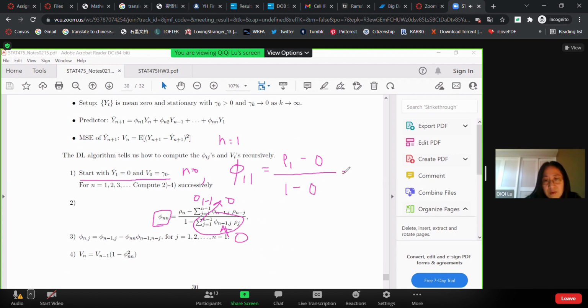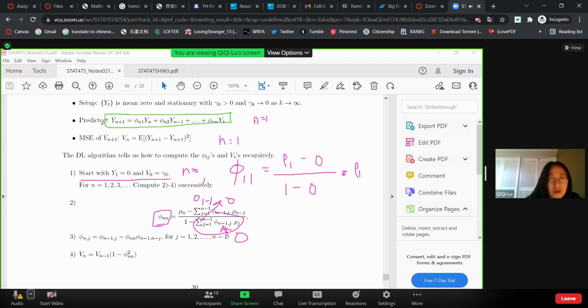So phi11 equals rho 1, I think that's by the definition of the partial ACF, right? So you calculate rho 1. So when n equals 1, that's your forecast right here, right?